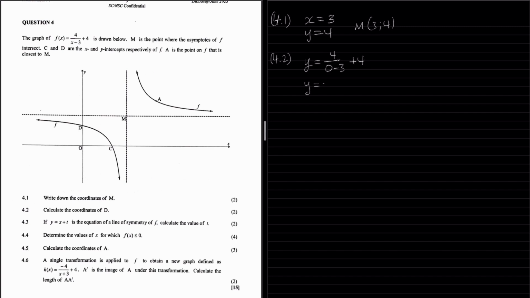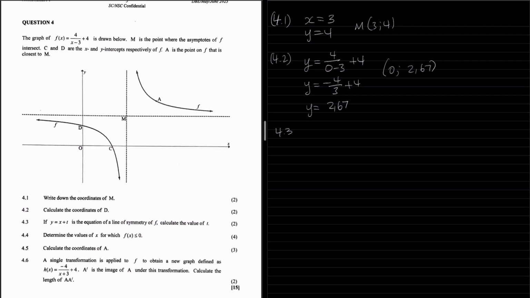So y is equal to minus 4 over 3 plus 4, and that's going to be y equals, I think, 2,67. Yeah, 2,67 sounds right. But remember, they want it in coordinate form. So it will be (0; 2,67).